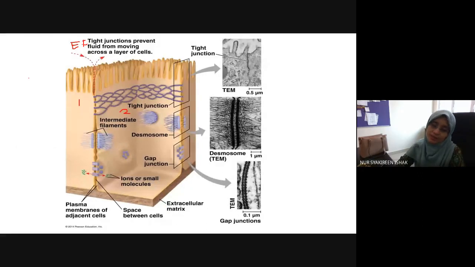Kalau kita tengok macam butang baju lah kan. So you have protein here, and the protein is anchored into the cytoplasm through these intermediate filaments. Okay, so you have intermediate filament to anchor the desmosome protein in place.